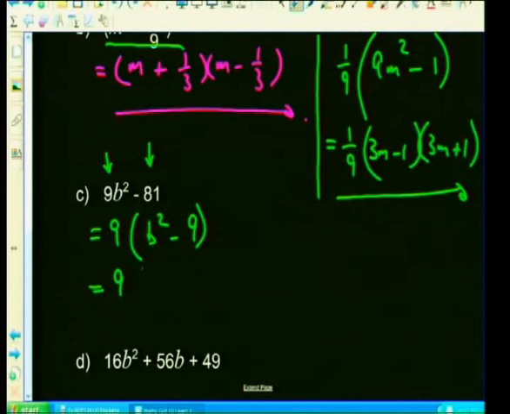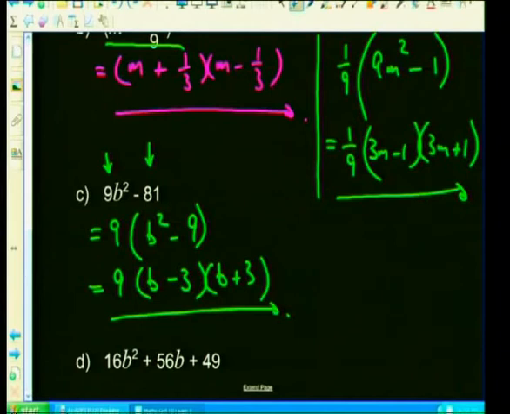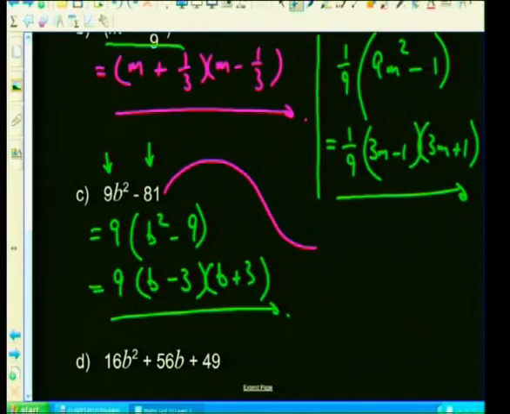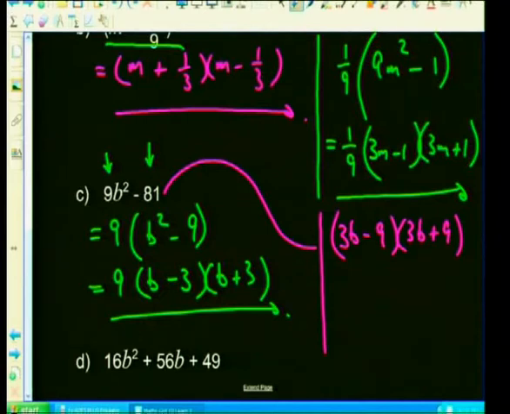So there we have 9 and we have the difference of two squares, b minus 3, b plus 3. And it's finished. If we had taken that, and I'm going to do it an alternate way, and left it and gone straight into our factorization of 3b minus 9, 3b plus 9, you would have noticed that that wouldn't have been fully factorized, neither the first bracket nor the second bracket.